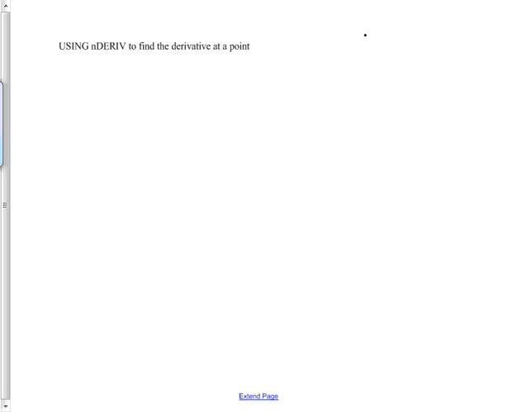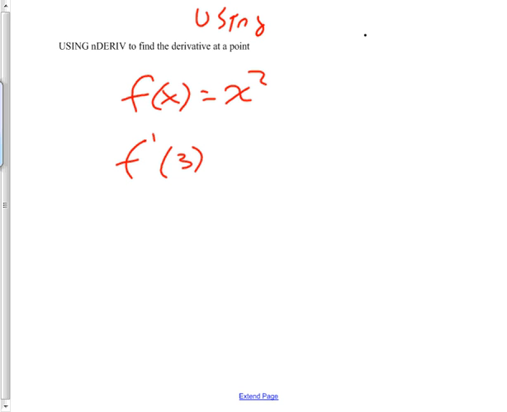Let's say that we've got the function f of x equals x squared, and I want to find f prime of 3. Well, how do we do that? I'm going to write the steps here and then use the calculator in a second. So again, this is using the calculator.